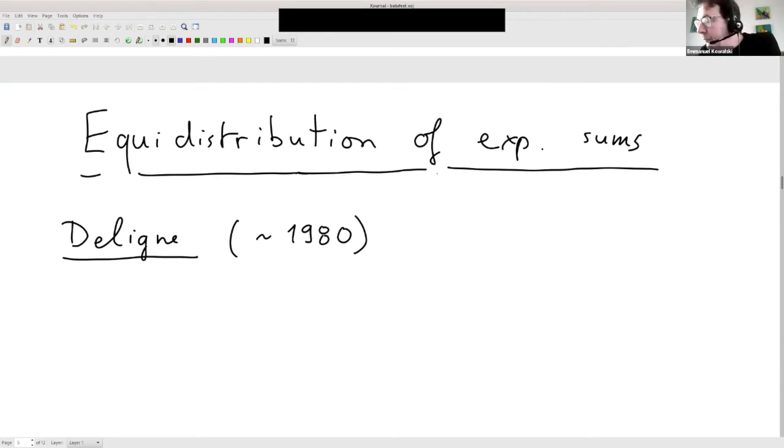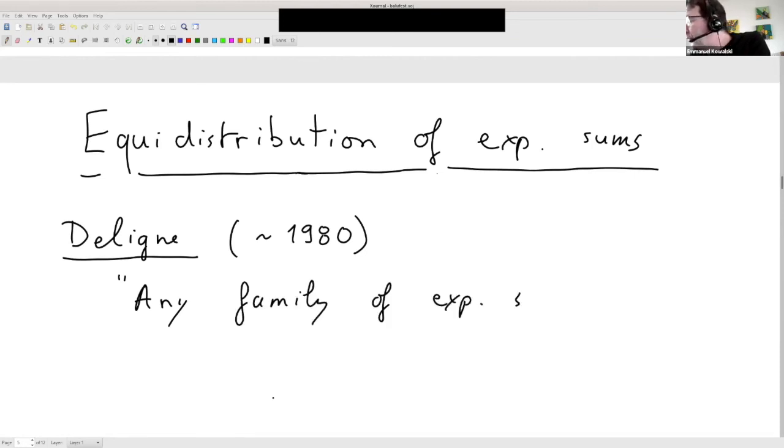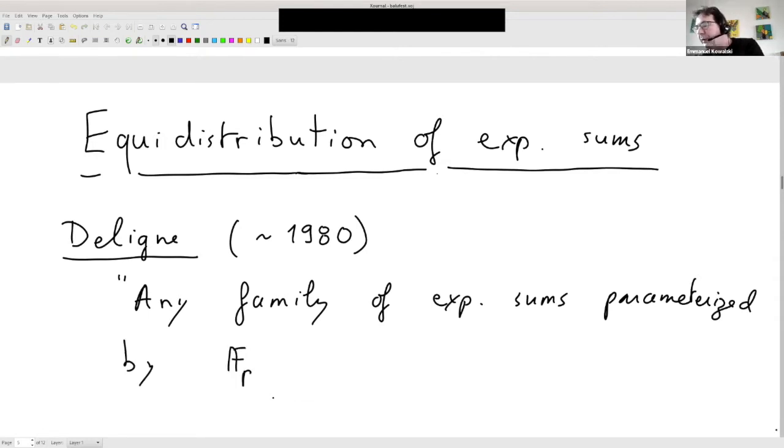He proves a statement which essentially says that the slogan can be thought this way. So any family of exponential sums parameterized by the points of an algebraic variety. So to simplify, let's just think of a family parameterized by a tuple of elements in a finite field.